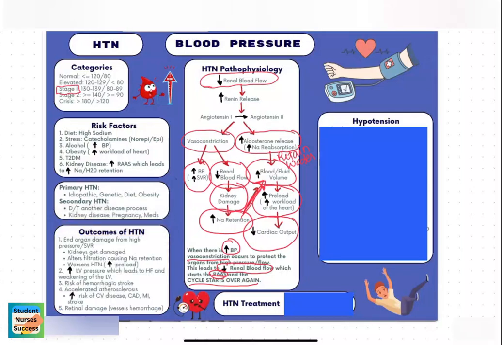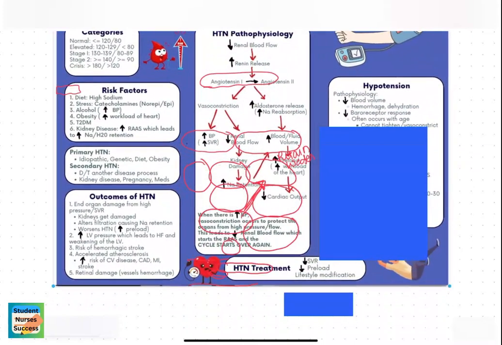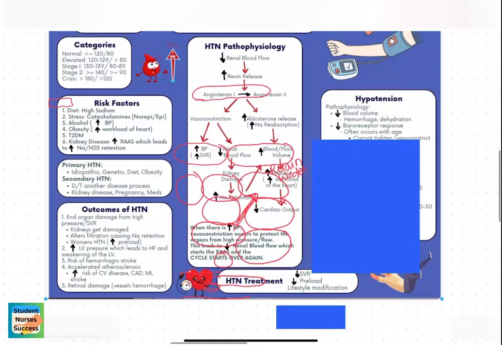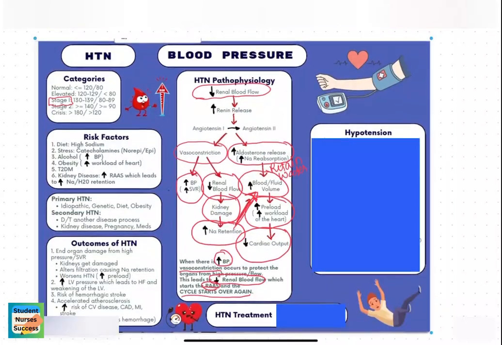Now, it's important to treat high blood pressure because some of the outcomes that we see are related to end organ damage from high systemic vascular resistance. We also see the kidneys getting damaged.